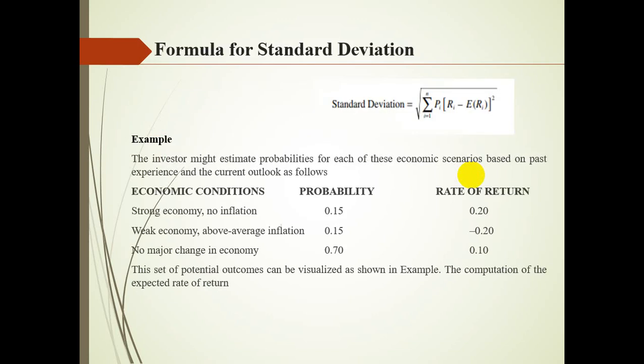This is the formula for standard deviation, which I said is equal to the square root of variance. So standard deviation is equal to the square root of variance.